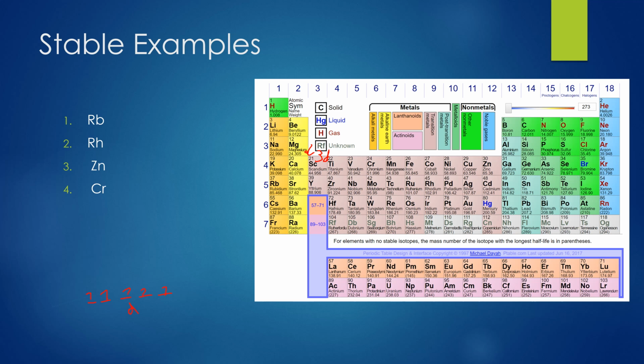This is one of the exceptions to the noble gas configuration rules, or to the electron configuration rules that we have already learned. If we look at chromium, let's look at the 4s and the 3d. So if we fill the 4s2 first, it would look like this, and then we have 1, 2, 3, 4.